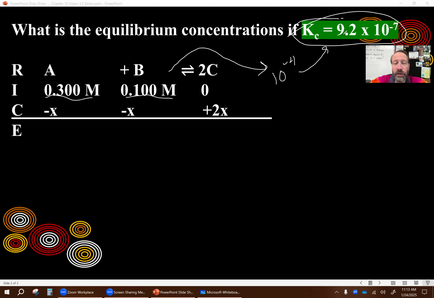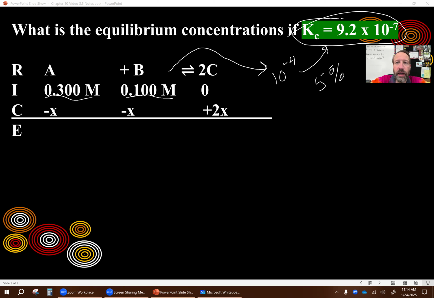A lot of other teachers and the textbooks often will say if it's going to make a less than 5% difference. Problem with that is you have to kind of do a calculation ahead of time to know if you can skip a calculation. So I don't think it has to be that cumbersome.